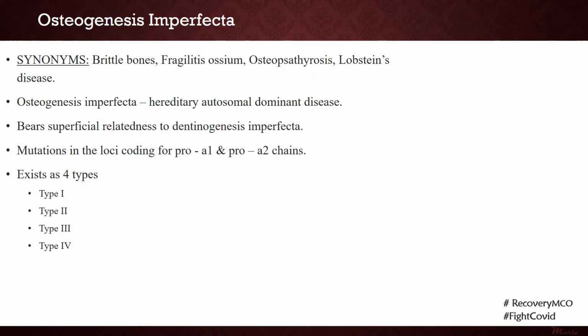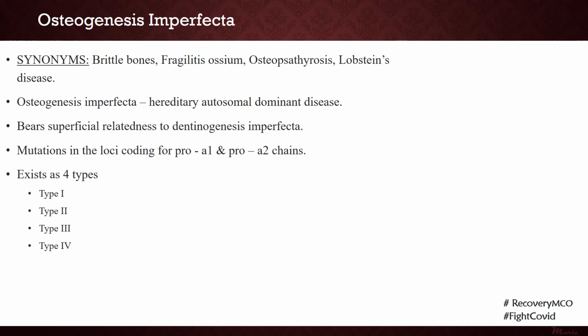So we'll begin with the first genetic disorder, that is osteogenesis imperfecta. This lesion is known by other synonyms such as brittle bones, fragilitas ossium, etc. Osteogenesis imperfecta is a hereditary autosomal dominant disease which bears superficial relatedness to dentinogenesis imperfecta. This lesion is because of mutations in the genes coding for pro-alpha-1 and pro-alpha-2 chains.